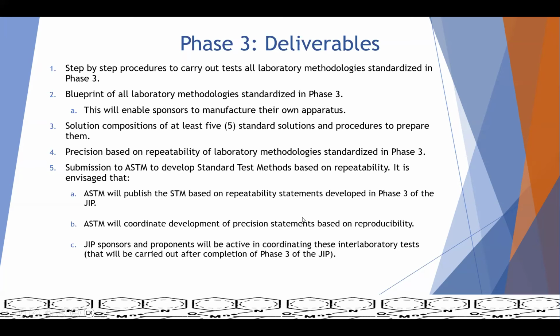So phase 3 will end with repeatability, and we hope that ASTM will coordinate a round-robin test to establish reproducibility. Of course, sponsors will be active in coordinating these inter-laboratory studies that will be carried out after the completion of phase 3.